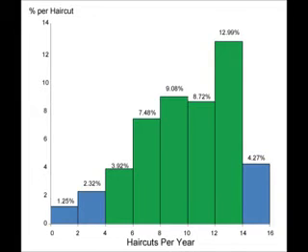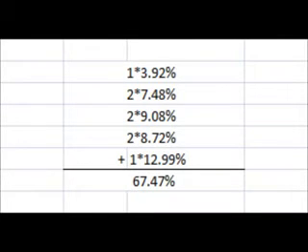The quick numerical calculation would be 1 times 3.92% plus 2 times 7.48% plus 2 times 9.08% plus 2 times 8.72% plus 1 times 12.99%, equaling 67.47%.